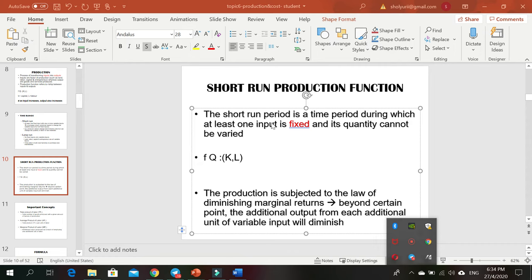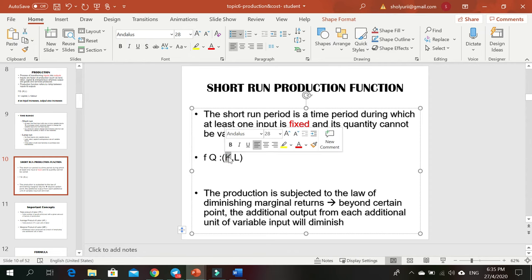From those 2 inputs, one input will be fixed and its quantity cannot be varied. So which input yang fixed tu? It's capital. Okay, and the other one, which is labor, dia adalah variable. Maksudnya input tersebut boleh, nilai dia boleh berubah-ubah.